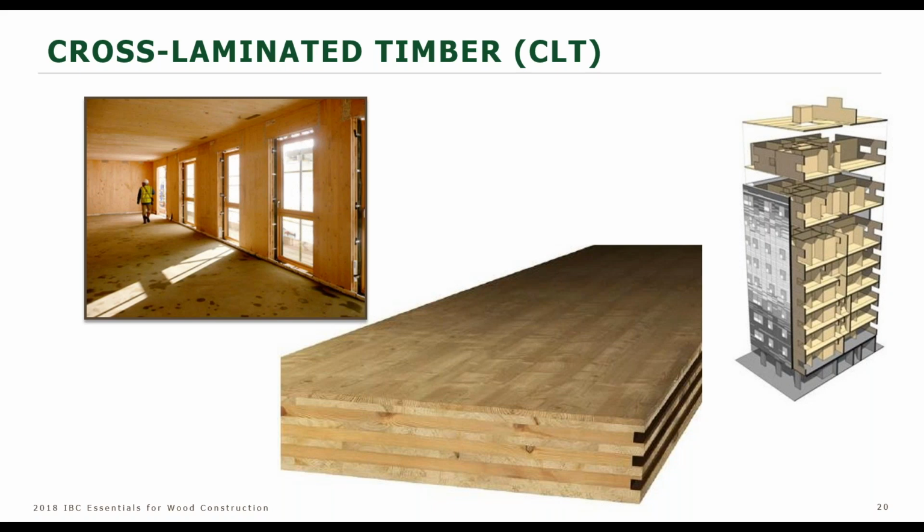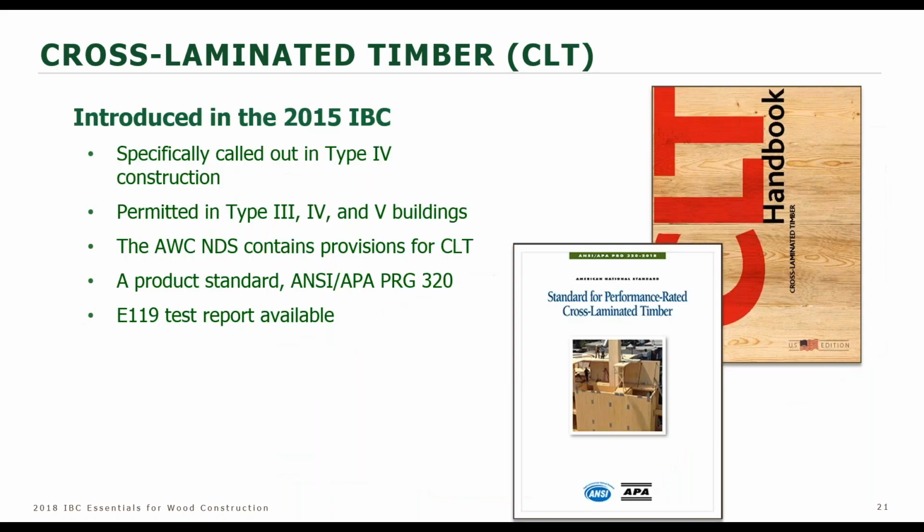This is not the topic of our webinar today, except to say that in the 2015 IBC, cross-laminated timber was introduced directly into the text of the code, and you'll find it in the description for type 4. However, of course, it is permitted in type 3, 4, and 5 buildings for any elements.